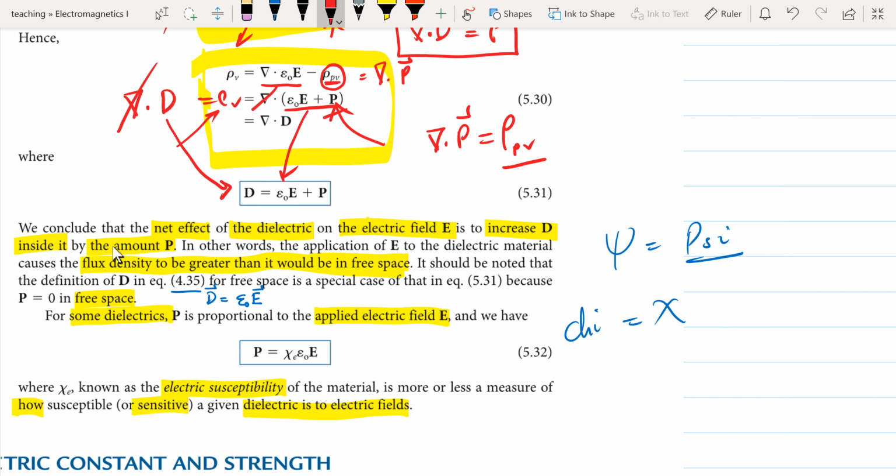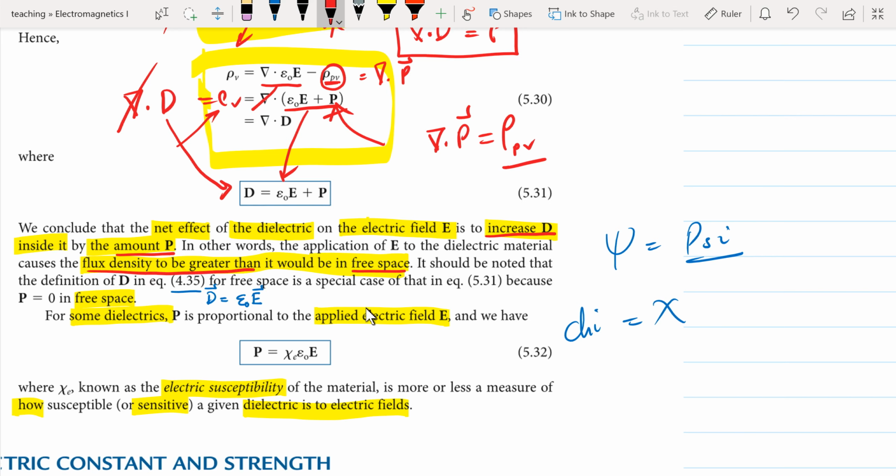That allows us to conclude that the net effect of the dielectric on the electric field E is to increase the electric flux density inside the dielectric by the amount P. In other words, the application of E to the dielectric material causes the flux density to be greater than it would be in free space.